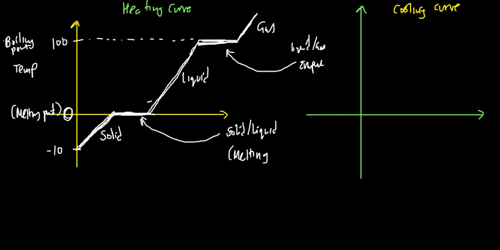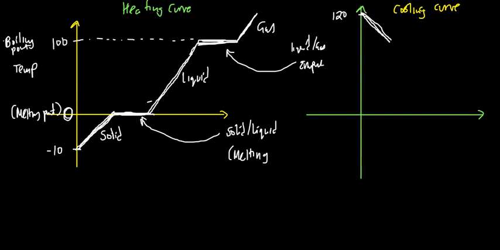Now to go the other way around, that is a cooling curve. Let's say you have got a gas which is at 120 degrees. When you start removing heat from this gas, you can see the way it is dropping like that.